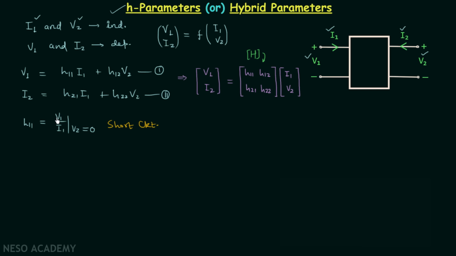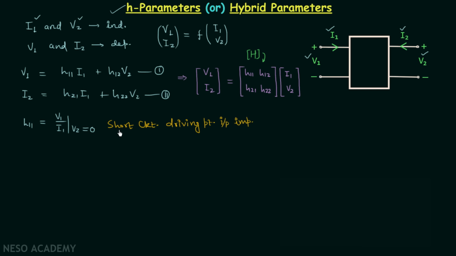And here the voltage is the voltage at input port and the current is the current at input port. Therefore we have the input impedance, and as both the parameters belong to the same port, we will write driving point input impedance.